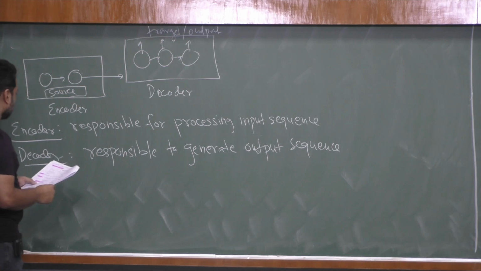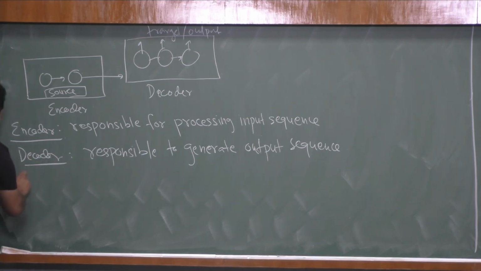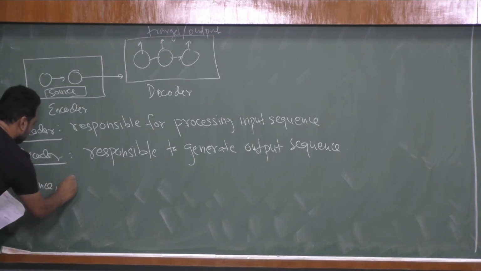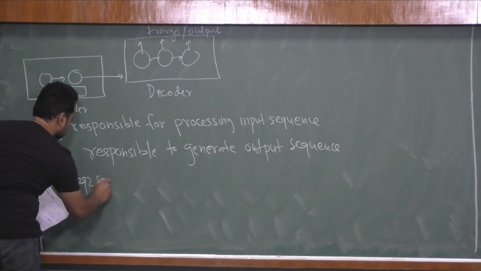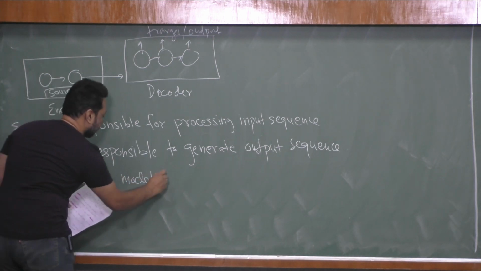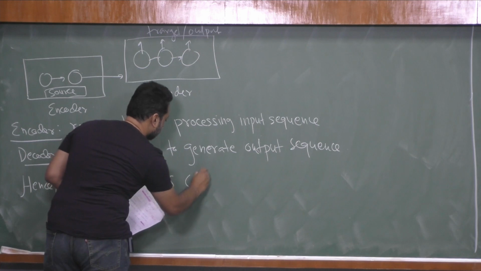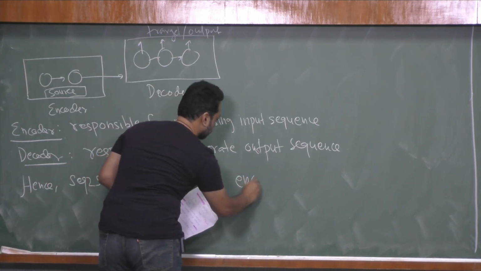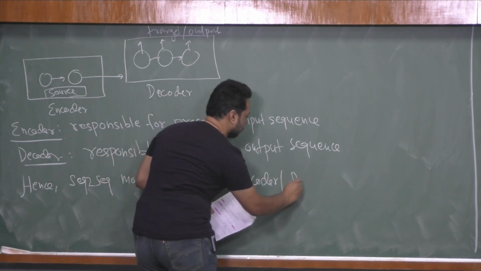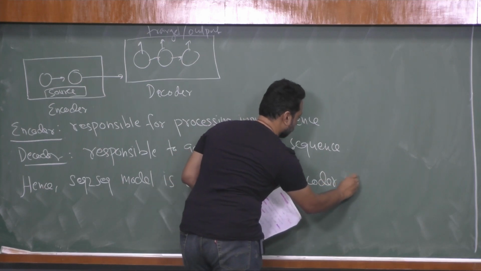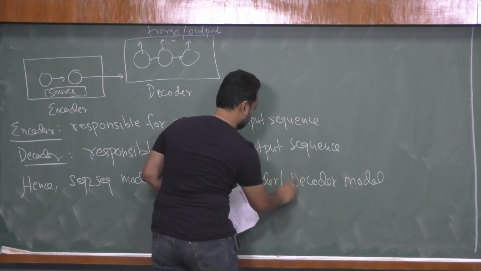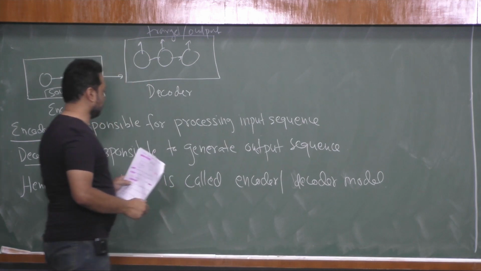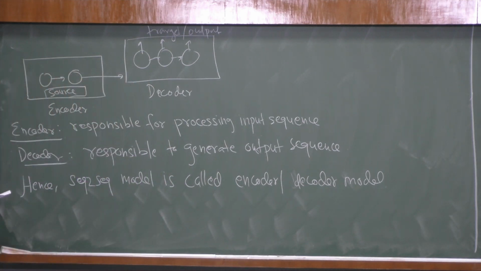Because of this, the sequence-to-sequence model is also called the encoder-decoder model. That's another name.